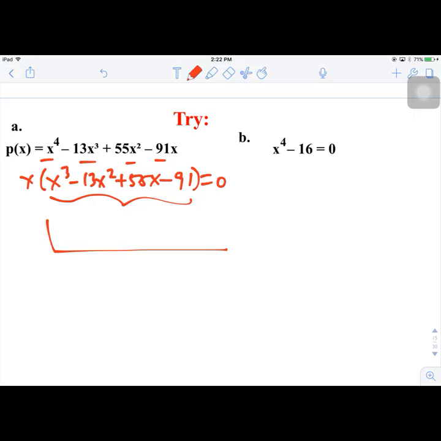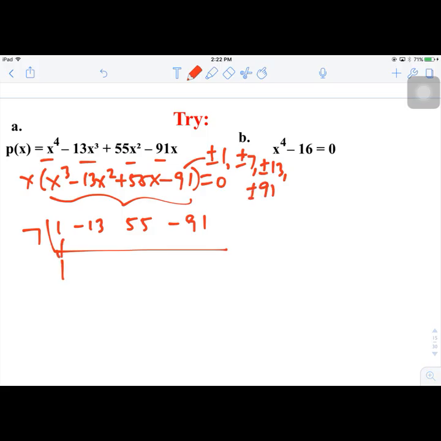So we set it up with the coefficients, and we're going to actually try 7, because the factors of 91 are plus or minus 1, plus or minus 7, 13, and 91. So we're going to actually try 7.